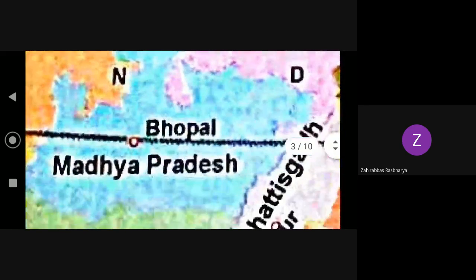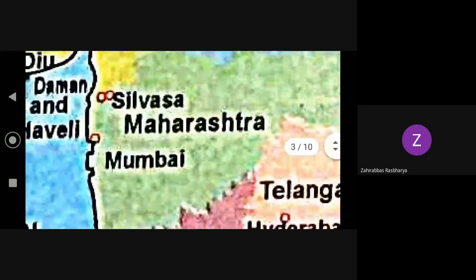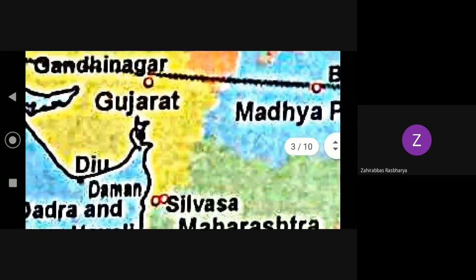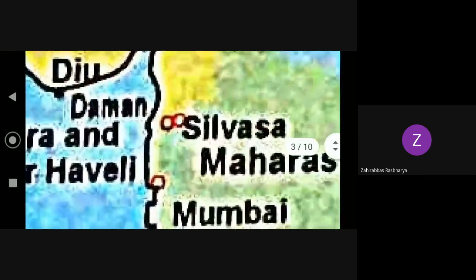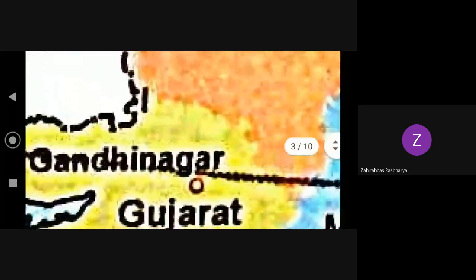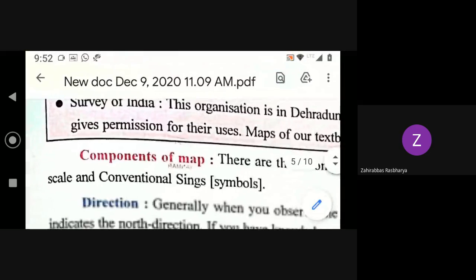Can you see black, dark black? Yes, that is the national capital. Then all this red: Lucknow, Jaipur, Uttar Pradesh, Lucknow, Madhya Pradesh, Bhopal, Maharashtra, Mumbai, Silvassa. Silvassa is a Union Territory, right? And Silvassa is on the border of Maharashtra and Gujarat, can you see it here? Yes. Then Gujarat, Gandhinagar, Rajasthan, Jaipur.